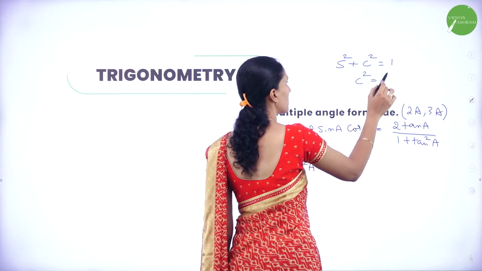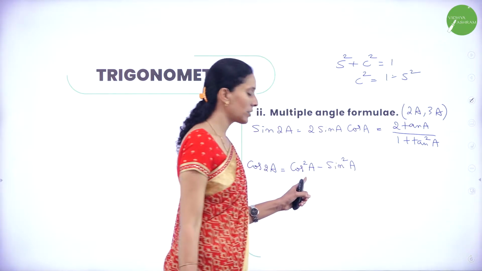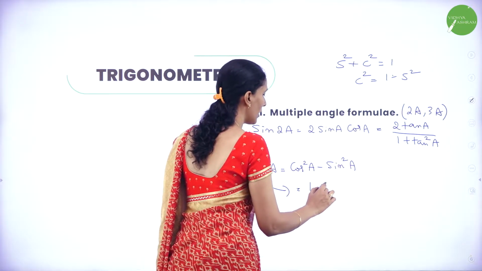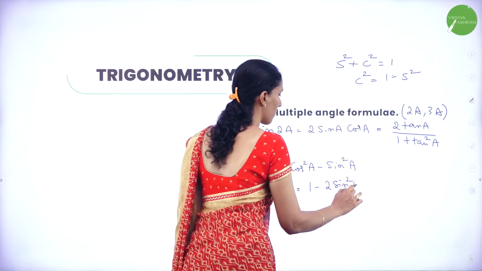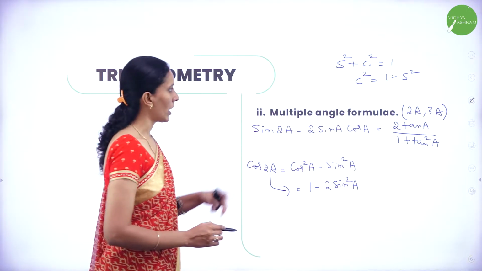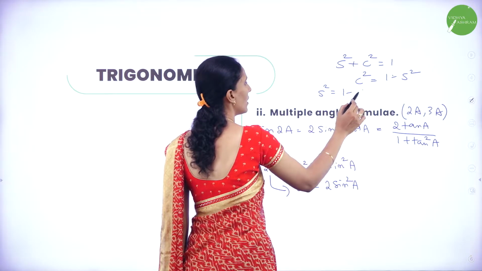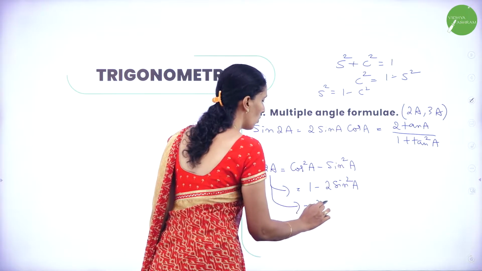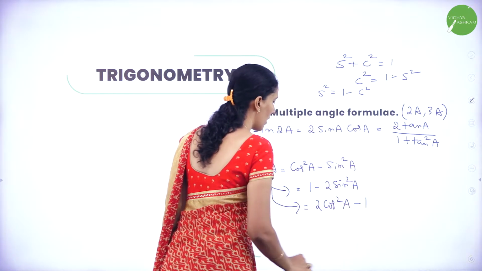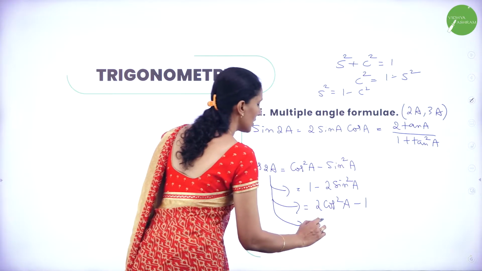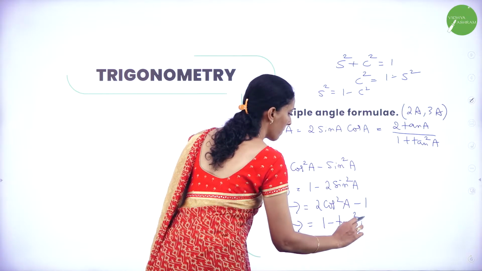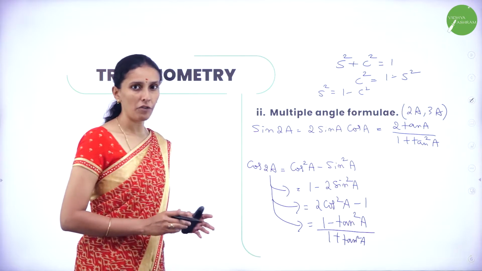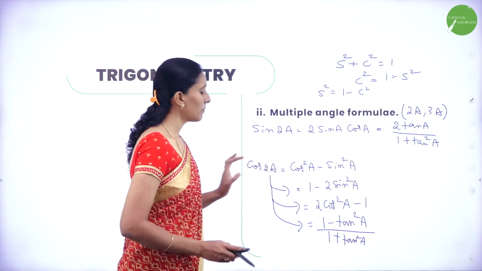So if you substitute 1 minus sine square for cos square, you will get one more formula, that is 1 minus 2 sine square A. And if you replace sine square with 1 minus cos square, you have one more formula, that is 2 cos square A minus 1. Along with this we have one more formula, that is 1 minus tan square A divided by 1 plus tan square A. So we have four formulas for the multiple angle cos 2A.